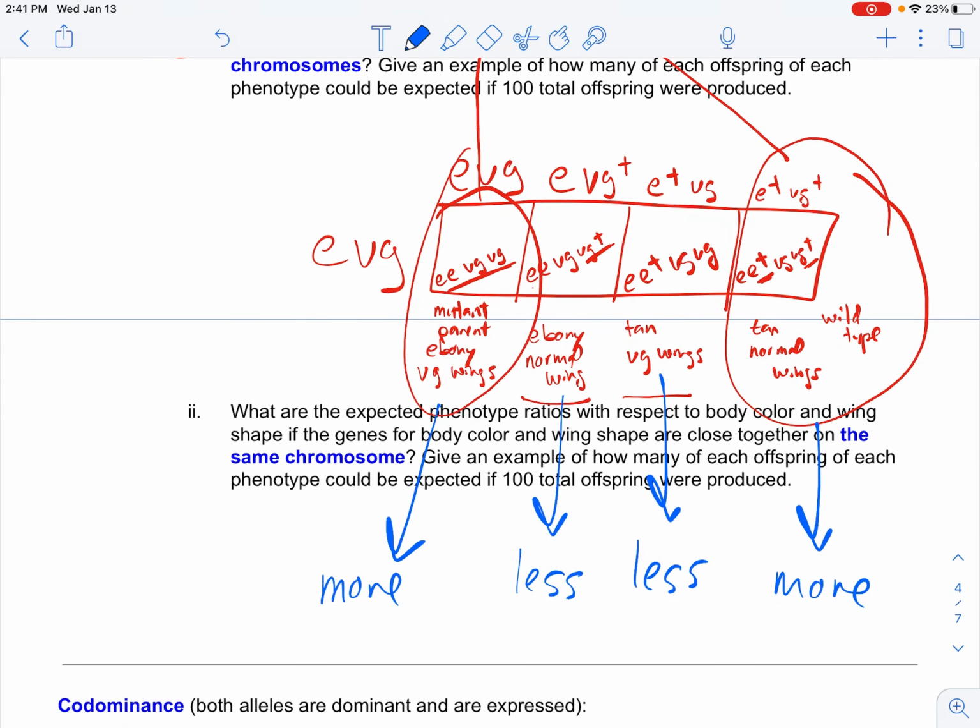To give an example of how many of each offspring phenotype could be expected, I'll just say like 40 of these, 40 of these, 10 of these, and 10 of these, or something like that. And again, it depends on how close to each other these genes are.